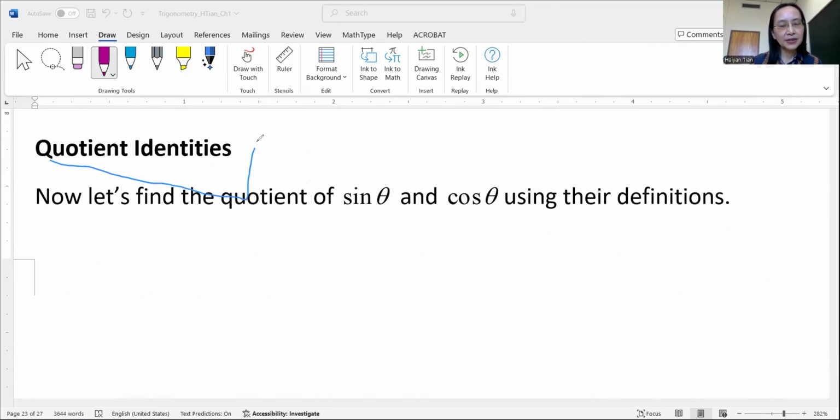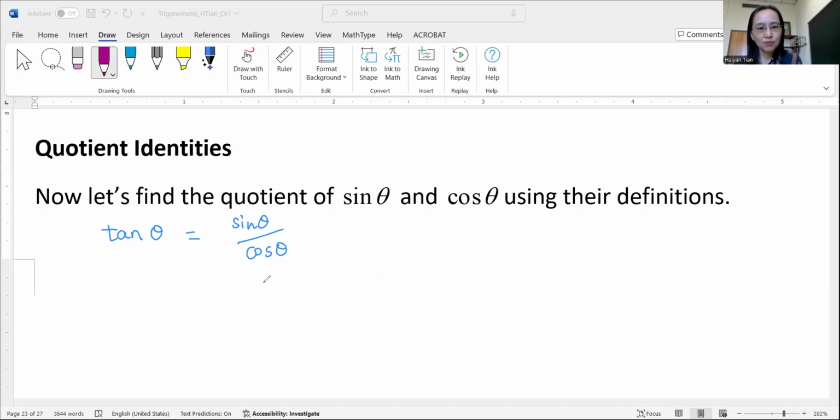Quotient identities: if we calculate tangent theta, we can use sine theta over cosine theta to calculate tangent. That's the quotient. The quotient of sine and cosine will produce tangent.